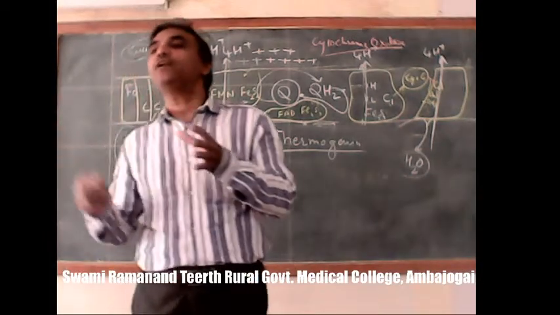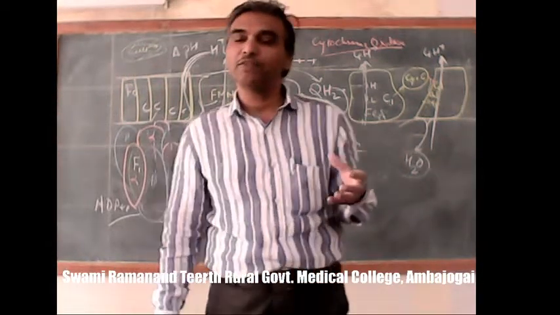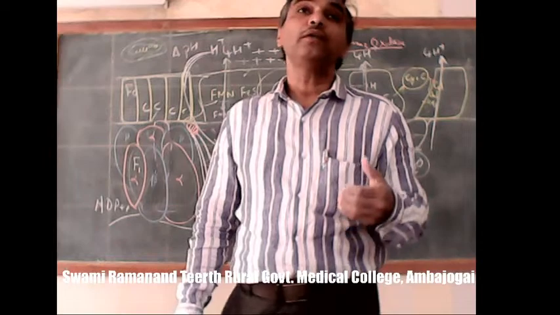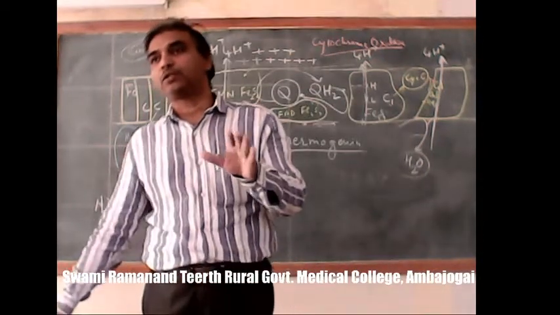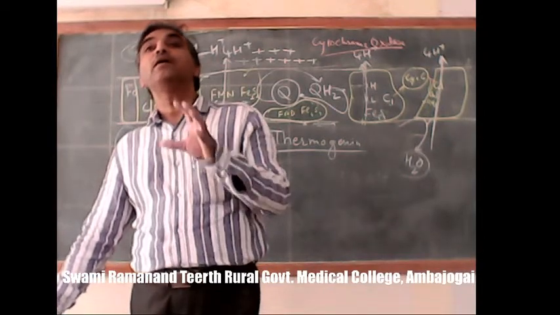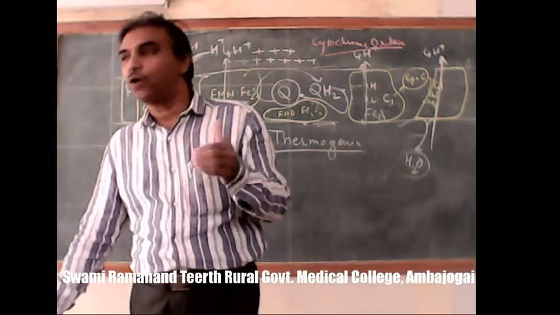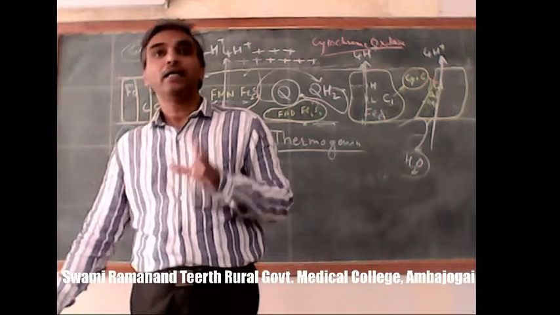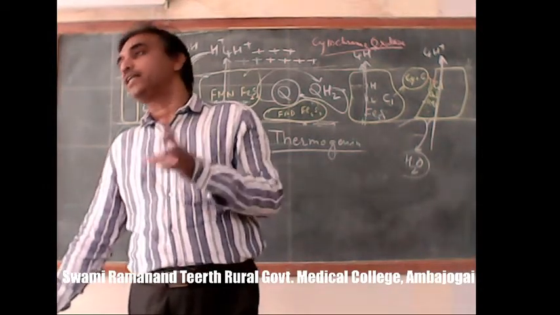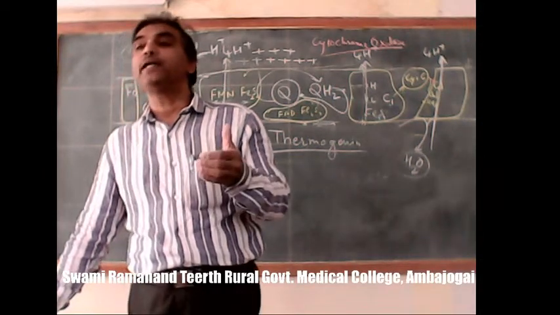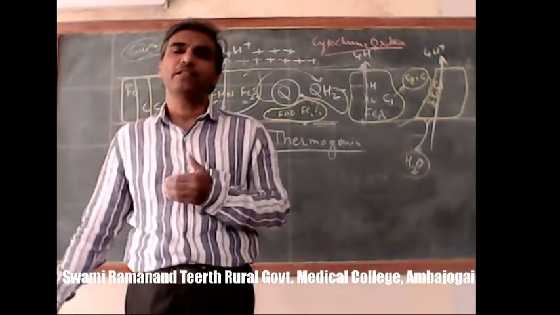But nature has given a protective covering with the help of brown adipose tissue, which generates heat and keeps the temperature maintained, because whatever energy is liberated is used as heat, and body temperature is maintained or is raised.